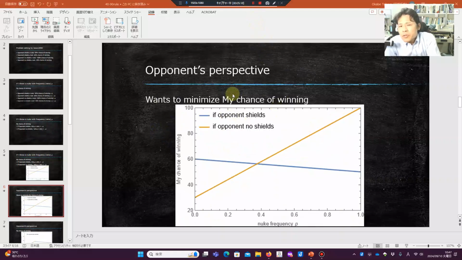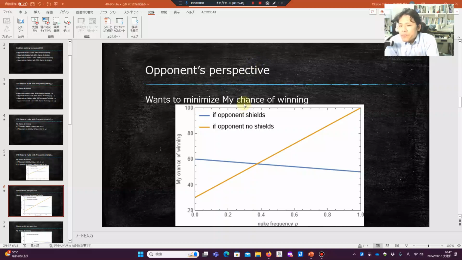From the opponent's perspective, the opponent wants to minimize my chance of winning, because this is a zero-sum game. A zero-sum game is a game where if I win, the opponent loses, and if I lose, the opponent wins. So the opponent wants to minimize this.